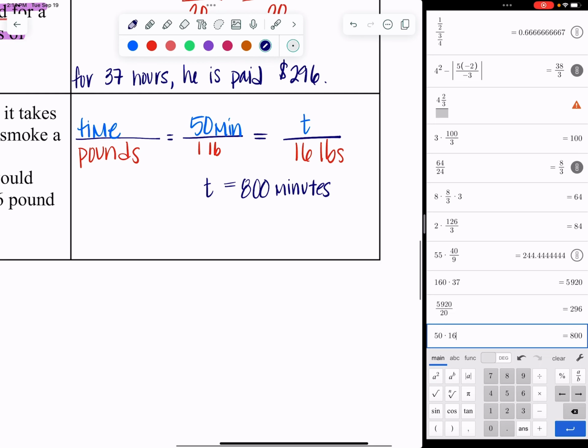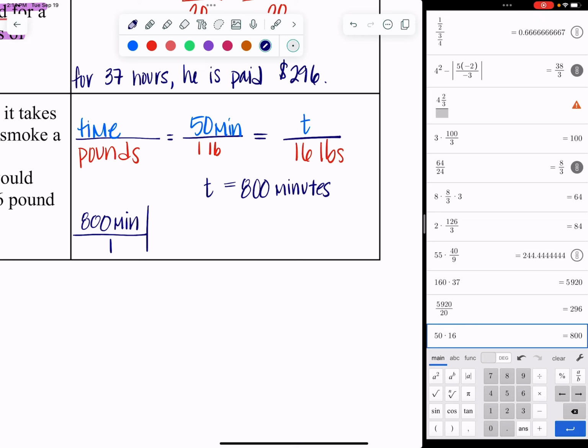So I am going to use an idea called dimensional analysis from probably your science classes. This is not something you have to be able to do. This is so we have a better idea of what 800 minutes looks like.